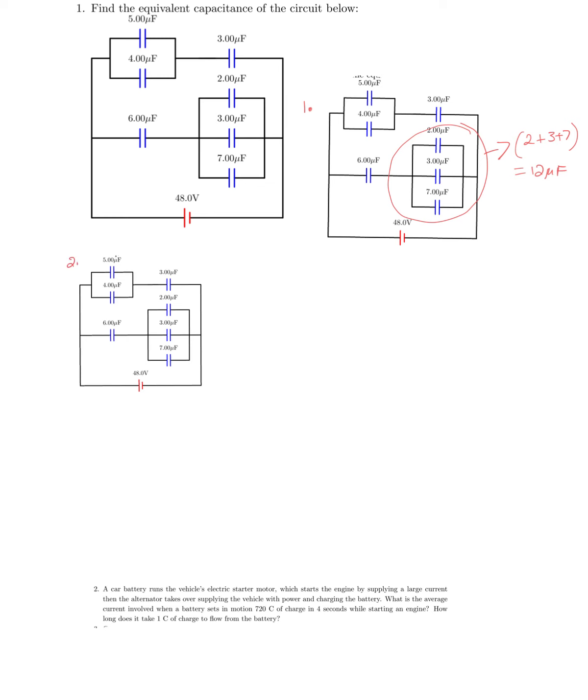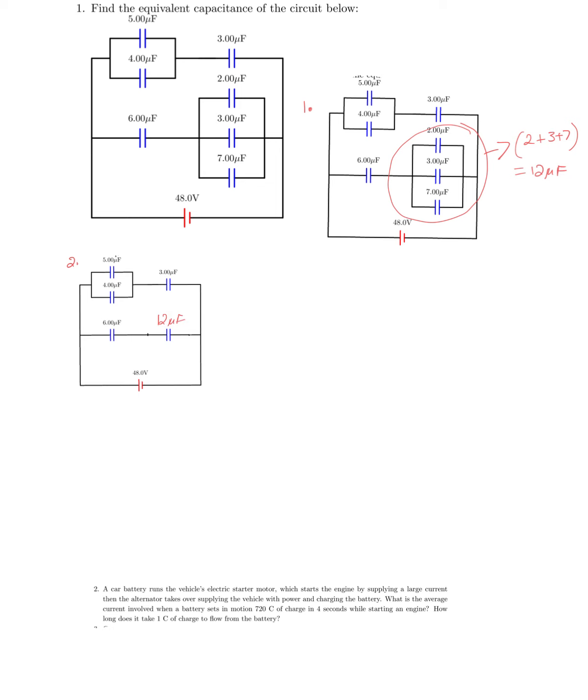So we're going to take these 3 that we just drew and we're going to turn them into just 1. So we have combined that capacitance to where it is now just 1 equivalent capacitor of 12 microfarads.